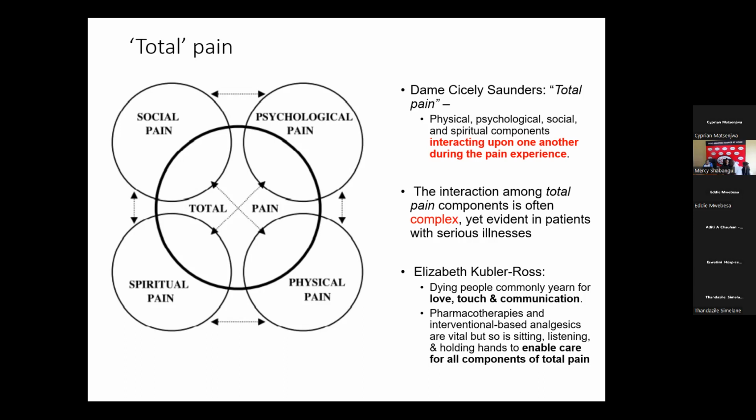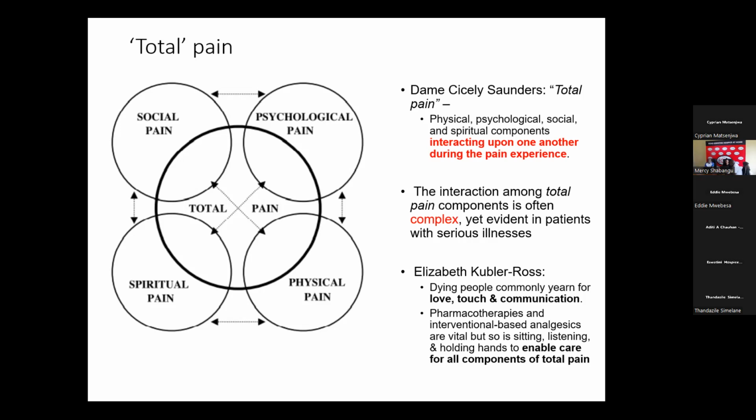And that is something that we see all the time in palliative care. What we see is that initially patients may come with a physical complaint and symptoms, but as we review them, as we get to know more and more about them, the psychological, social, spiritual, financial, practical aspects of their being come into play.